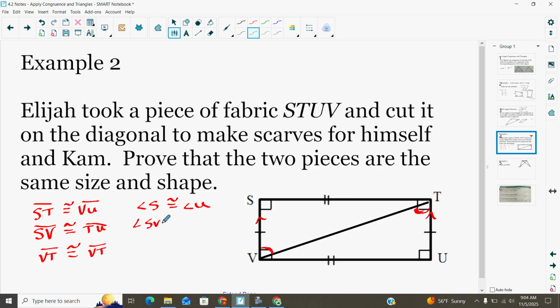Angle SVT is congruent to angle UTV, because those are alternate interior angles. And we can say the same thing about STV. STV is congruent to UVT. Because again, those are alternate interior angles.